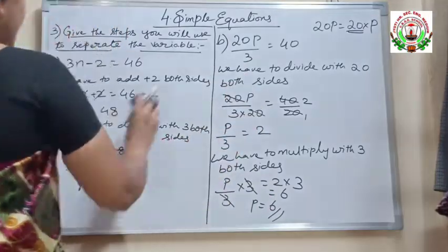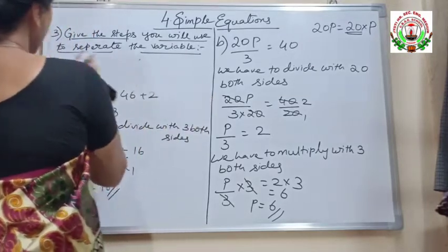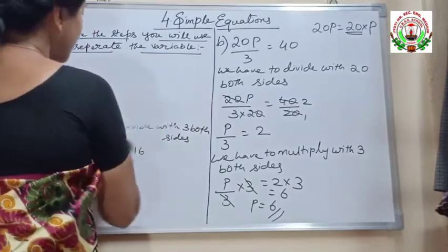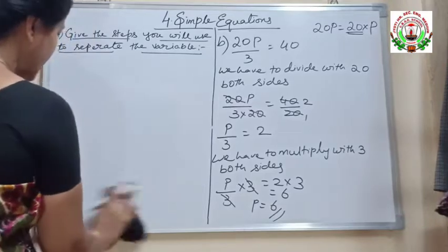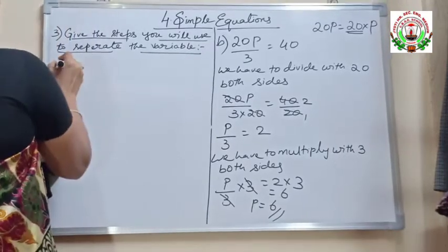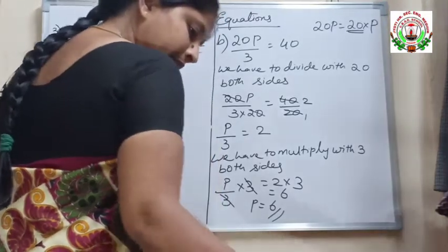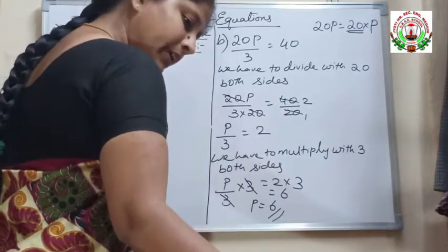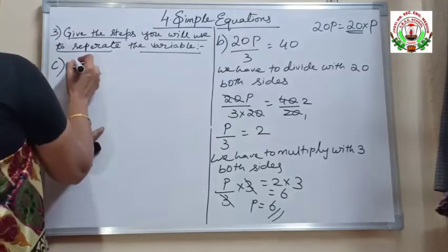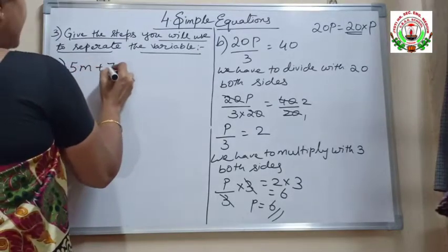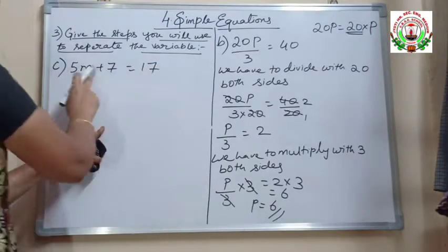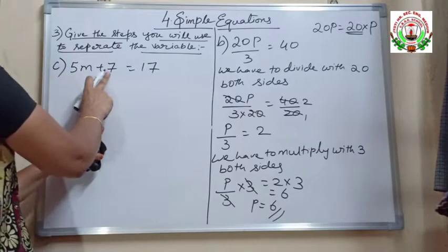Now next question, C part. They have given here 5m plus 7 is equals to 17. They have given multiplication as well as addition.